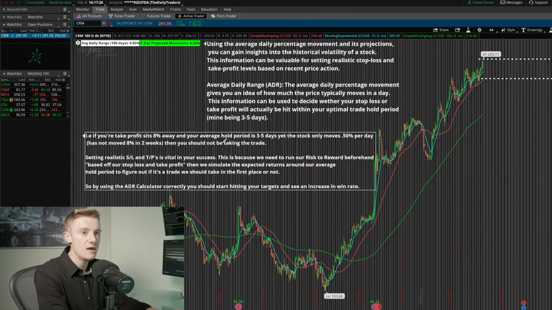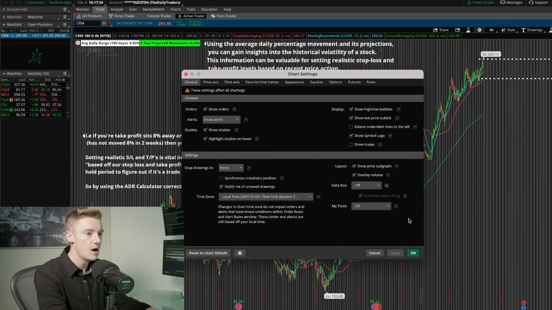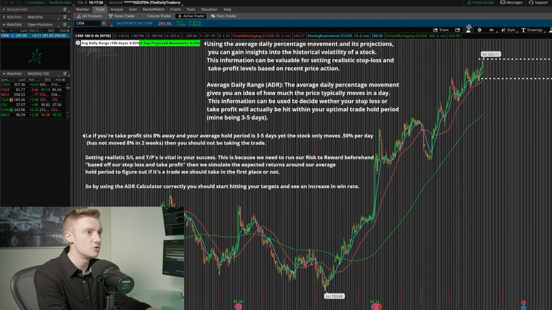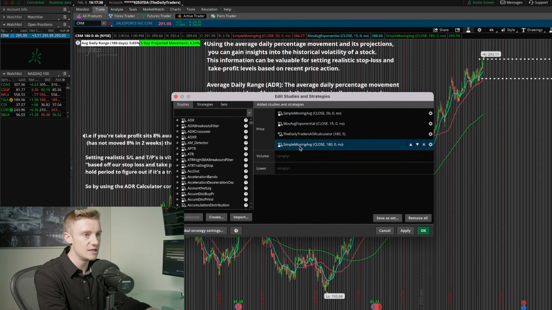All right, like I said, I'm going to give you a couple examples, but I wanted to show you real quick. If you go up to the gear icon, then the studies icon, you can see we've got our studies applied, our SMAs, our EMAs, and the daily traders ADR calculator.